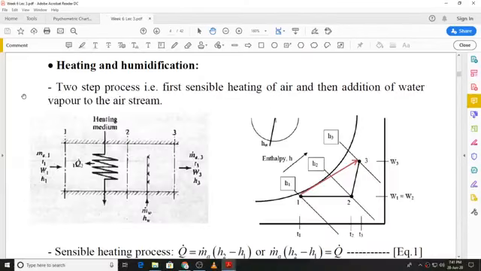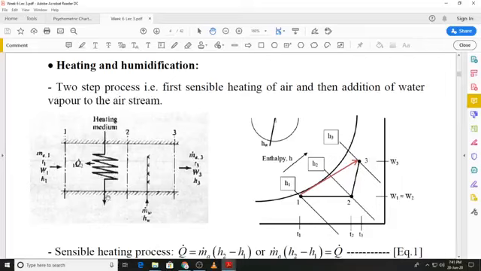The next process that we are going to study is heating and humidification. We have studied heating separately and humidification separately, and this is a combination of the two processes, that is of sensible heating combined with humidification, and that is schematically shown in the figure with the corresponding process shown on the psychrometric diagram.